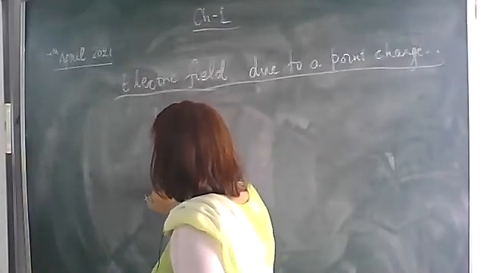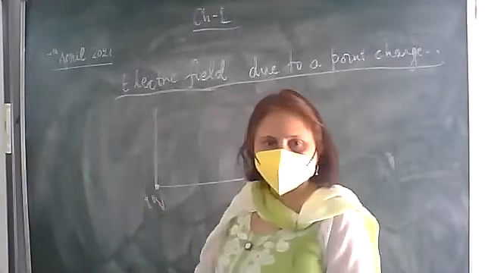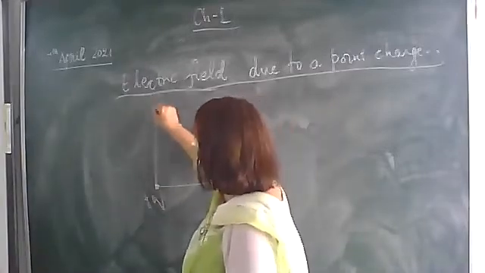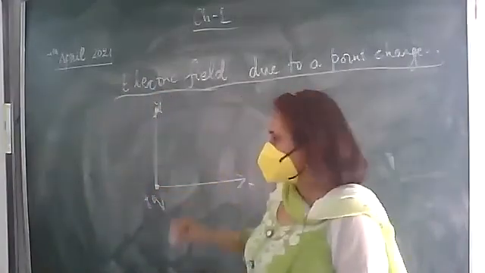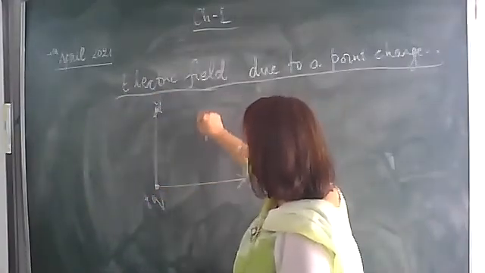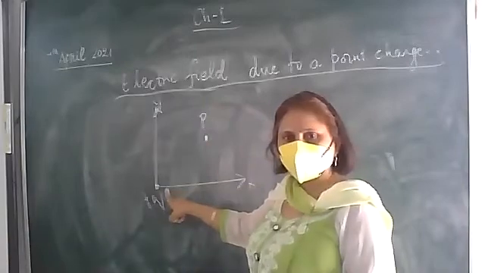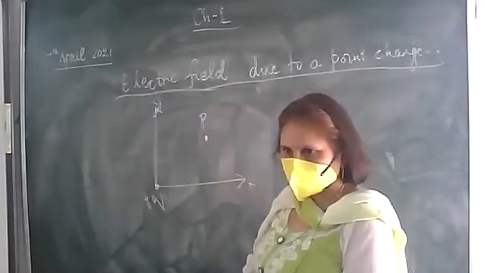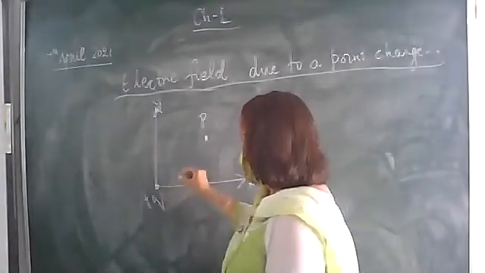Let there be a charge plus Q at the origin, with the x-axis and y-axis. So this is the origin, and you have to find the electric field at a point P due to this point charge.